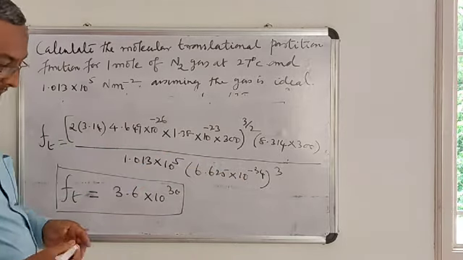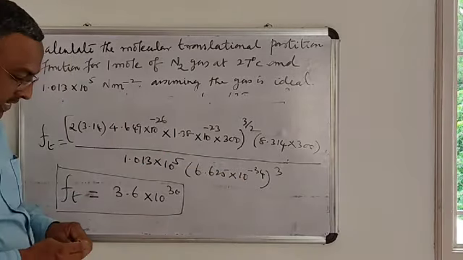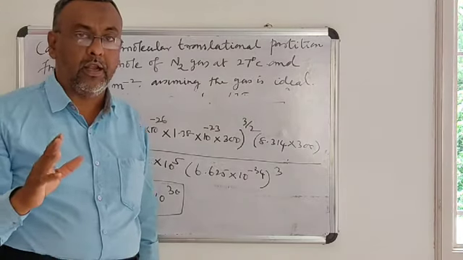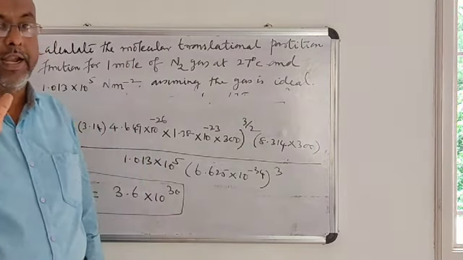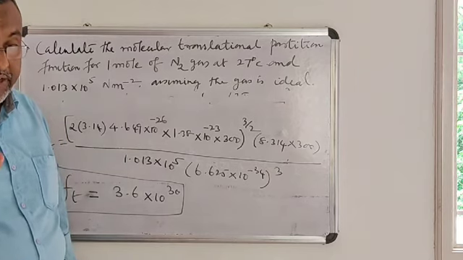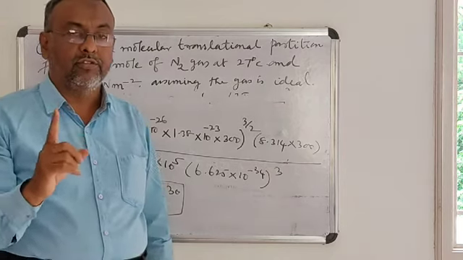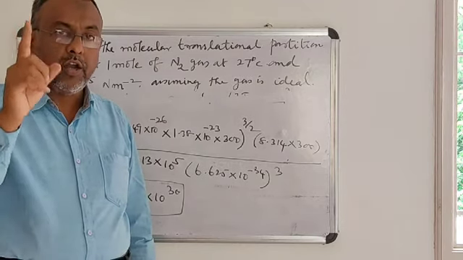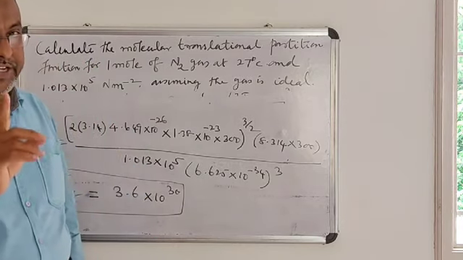Remember students, to calculate the translational partition function, first we have to see whether it is an ideal or non-ideal gas. If it is ideal gas, we have to use the formula 2 pi m k t power 3 by 2 into RT divided by P into H cube.